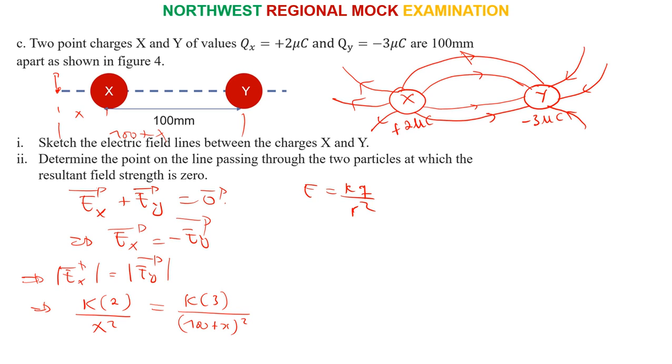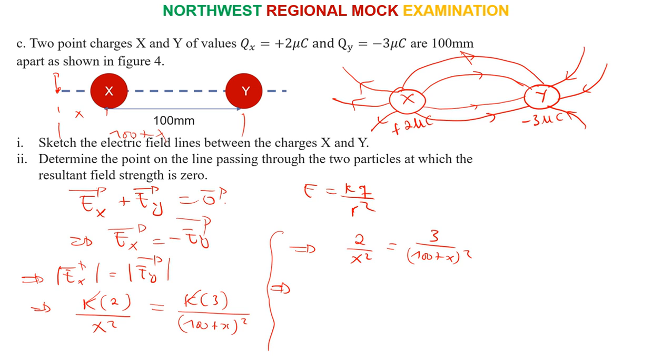At this stage the k's can cancel out, and so we can find the value of x. So we have 2 over x squared equal to 3 over (100 plus x) all squared.